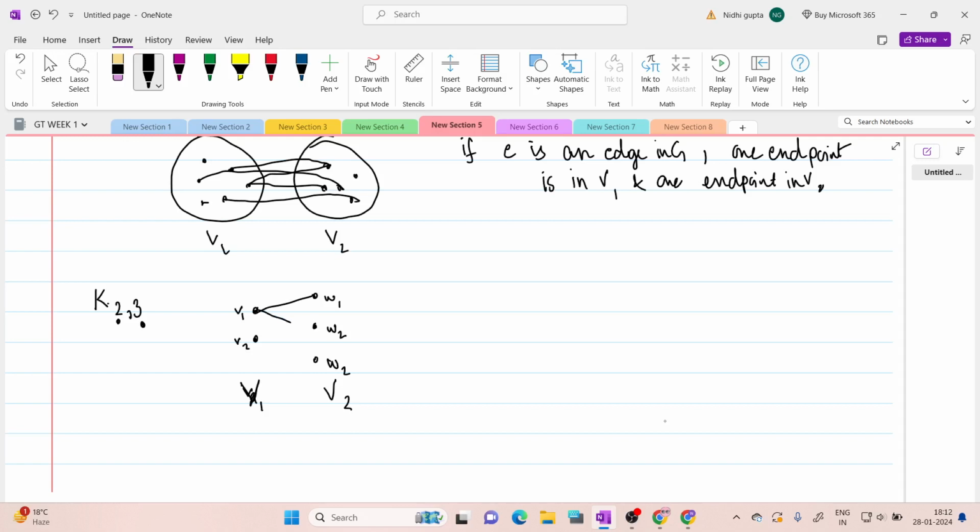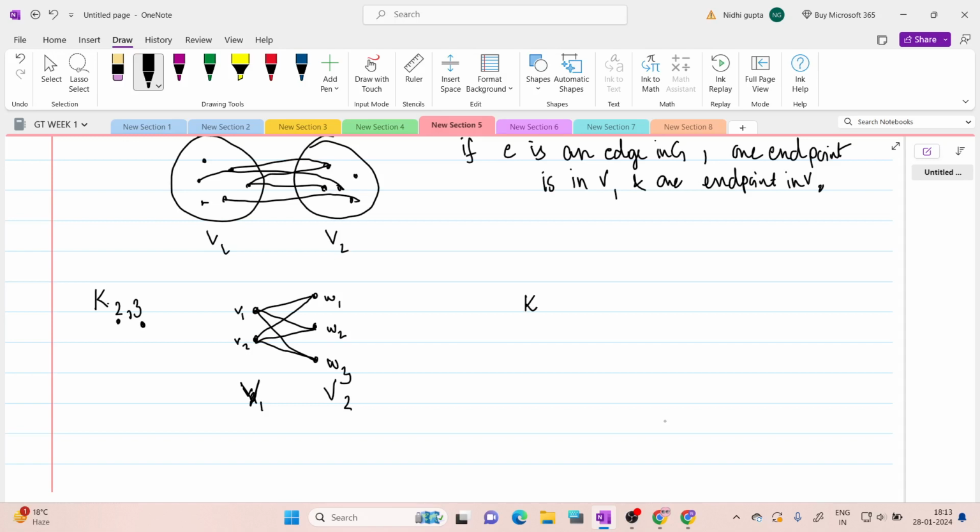So this is my V1 and this is V2. V1 will be connected to W1, W2, W3, and V2 will also be connected with W1, W2, W3. So this is a complete bipartite graph. This is K_{2,3}.